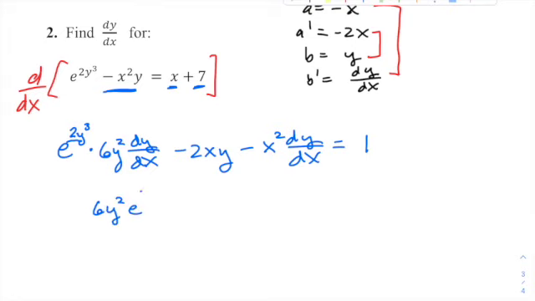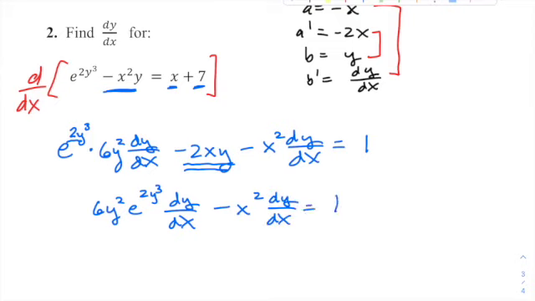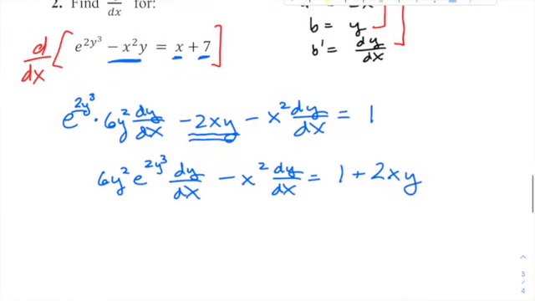A lot of this algebra, the isolation part, can be done in your head if you're comfortable. This term I'm going to move to the other side. It doesn't have a dy dx, so I'm just going to add that to the other side. This term I'm going to leave here. It's got a dy dx. So when I add that to the other side, I'll have 1 plus 2xy, or 2xy plus 1.